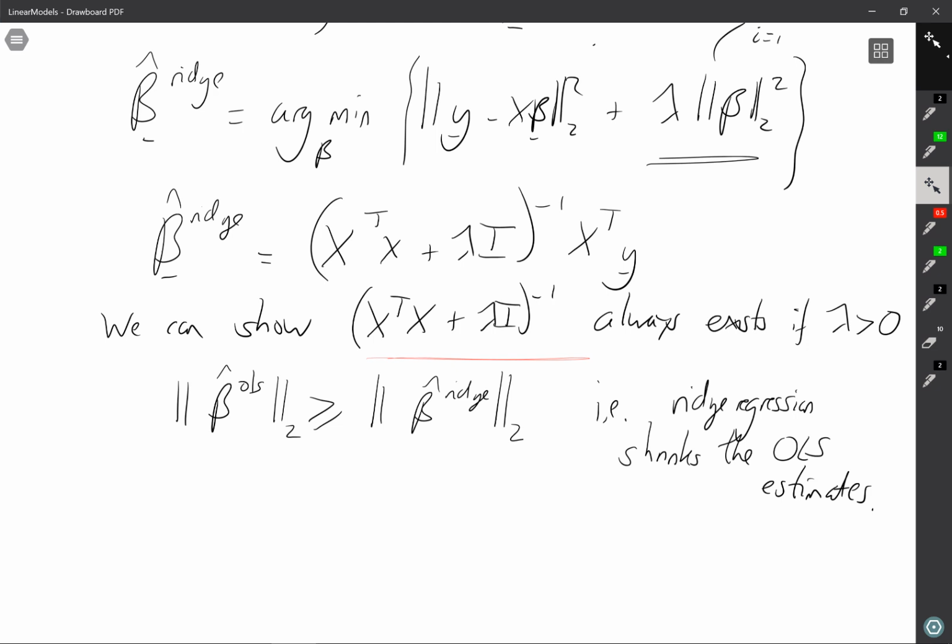So the OLS estimator can have high variance. And the quote from the Hastie book is that a wildly large positive coefficient on one variable can be cancelled by a wildly large negative coefficient on its correlated cousin.